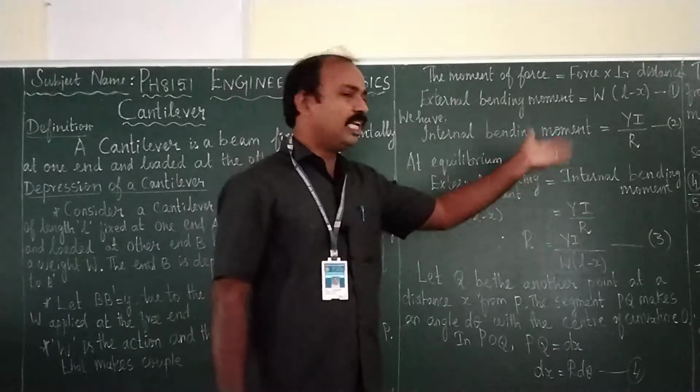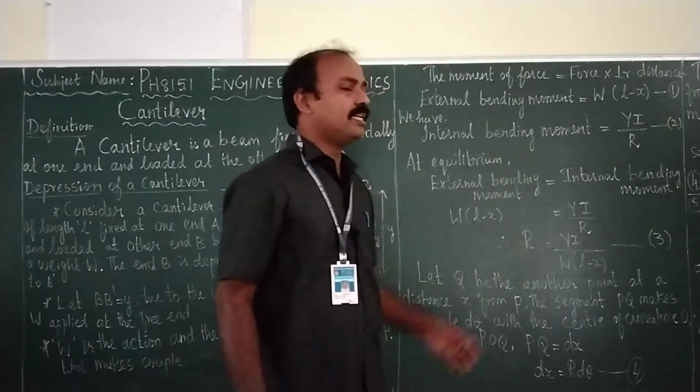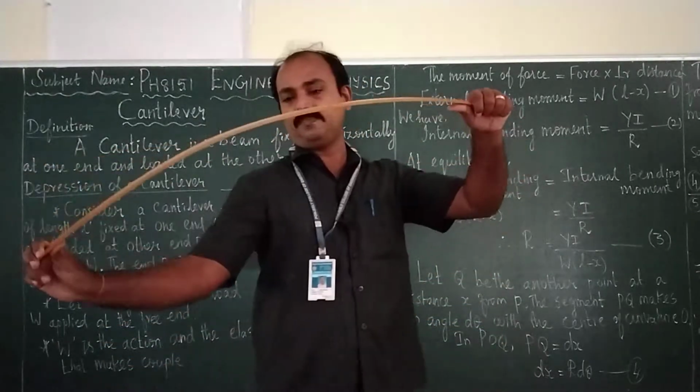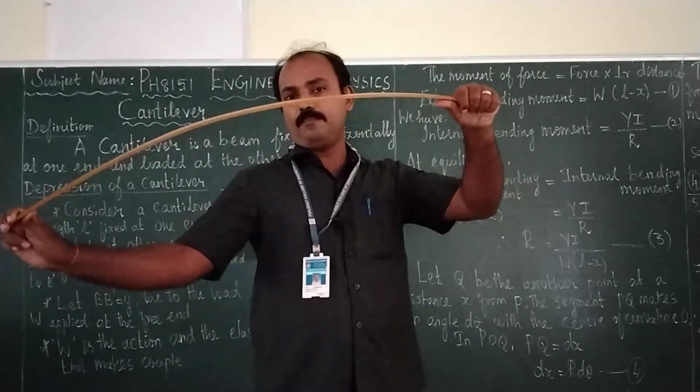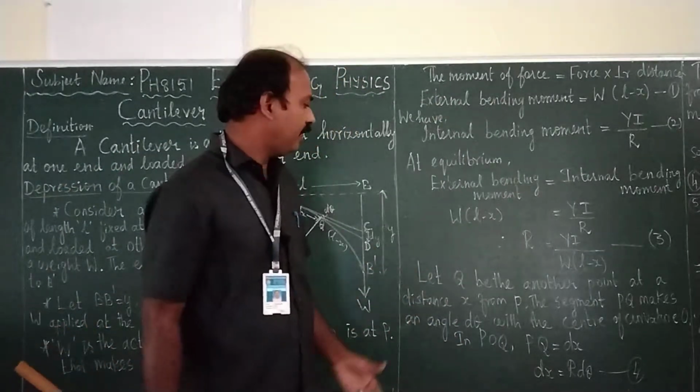Just equate these two and we can get the radius of curvature of this bending beam. This is equation number 3.